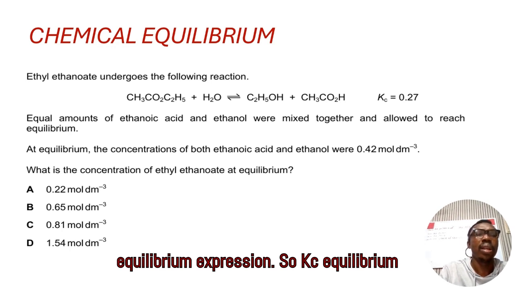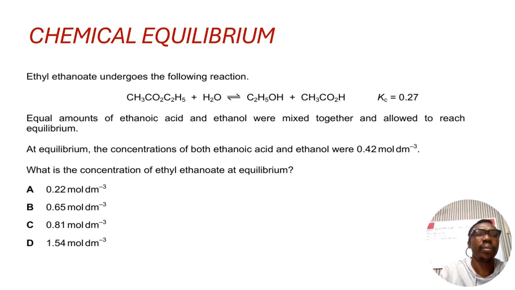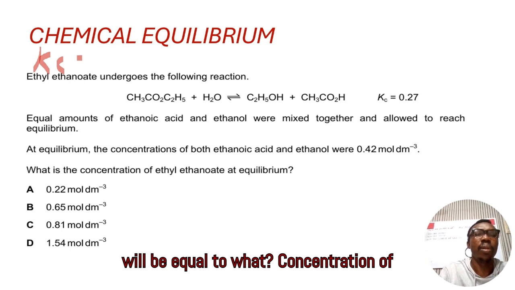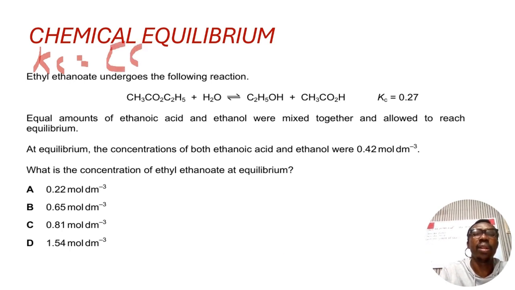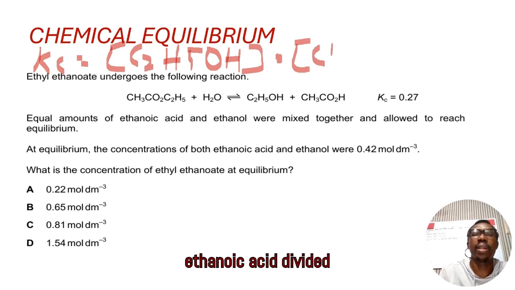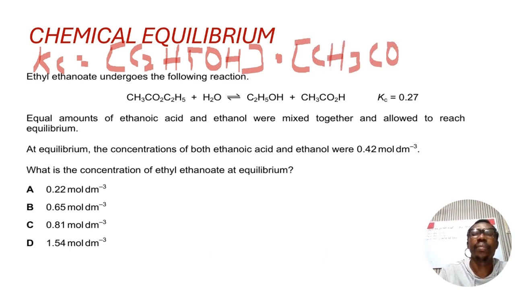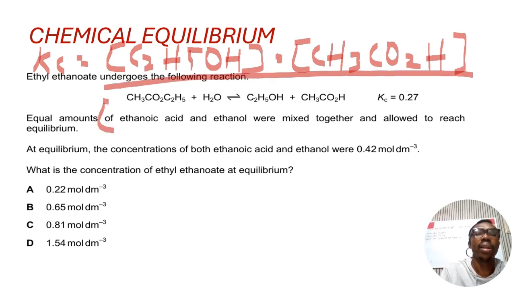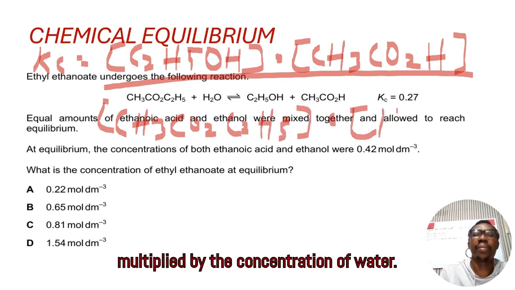So Kc, the equilibrium expression, will be equal to the concentration of ethanol, C2H5OH, multiplied by the concentration of ethanoic acid, divided by the concentration of ethyl ethanoate multiplied by the concentration of water.